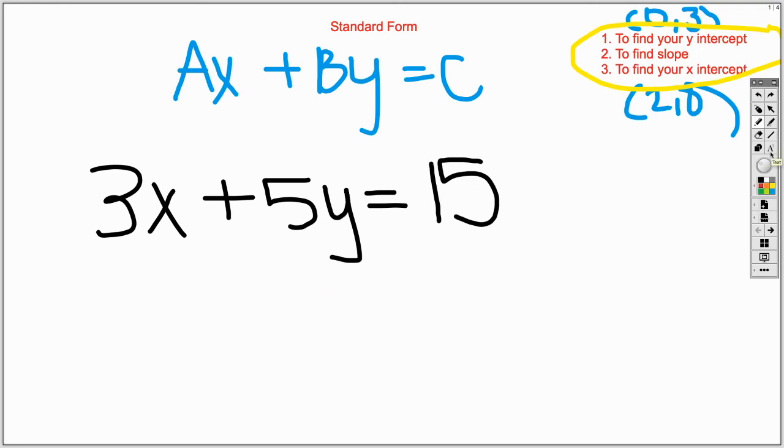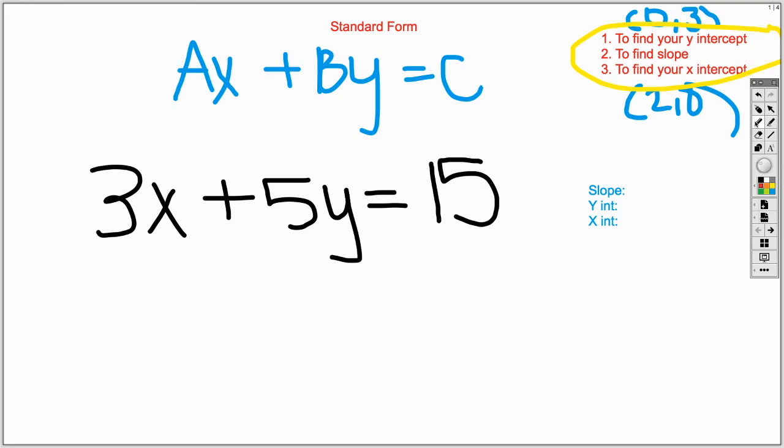Basically, with standard form, there are 3 things that we want to identify. Yes, it's the one that's circled in yellow. This is literally the only reason that teachers even teach you standard form, is to simply ask you the slope, y-intercept, and the x-intercept. There are two ways to do this.